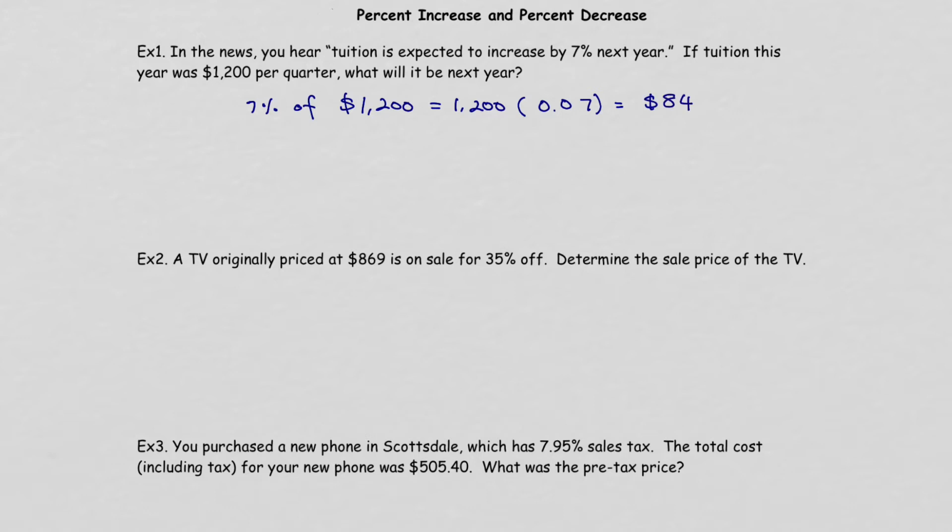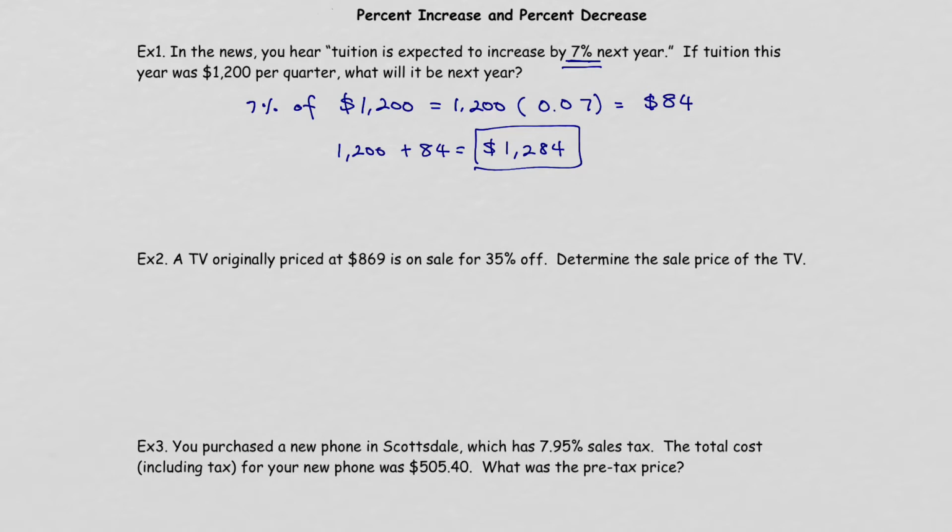Once we figure out the 7% of the price, then we're going to add that into this year's price, right? So then it's going to give you 1,284. That's going to be next year's new tuition.